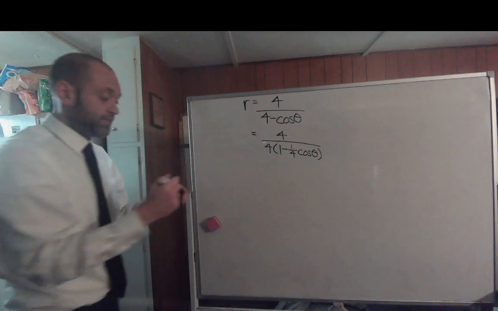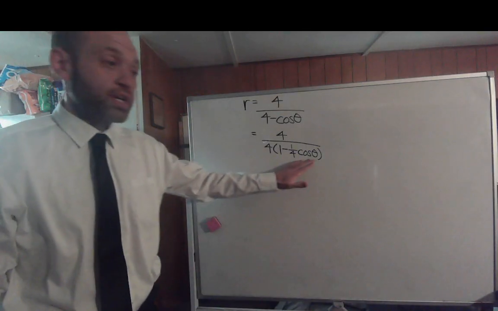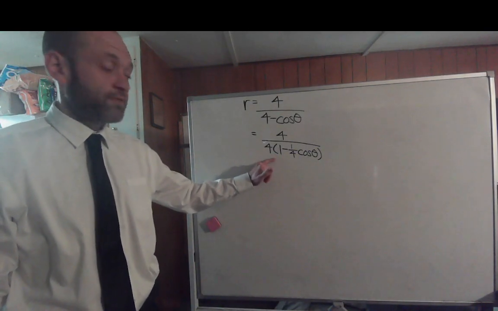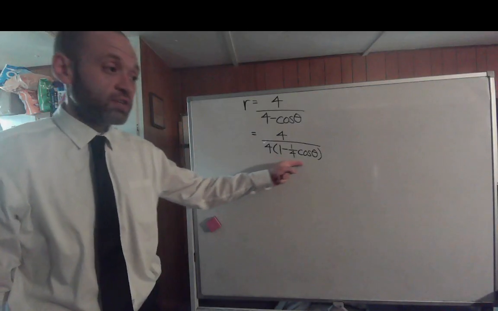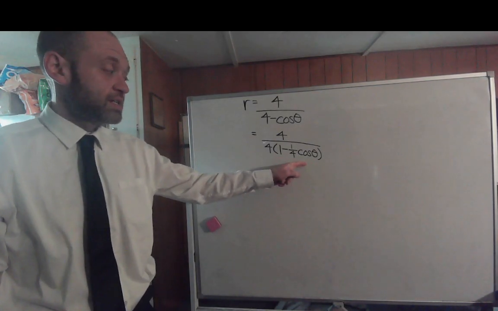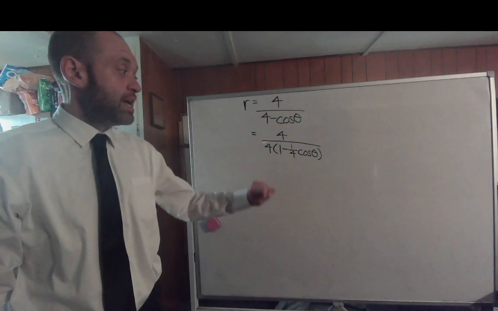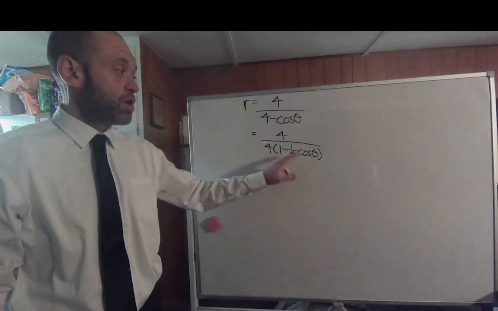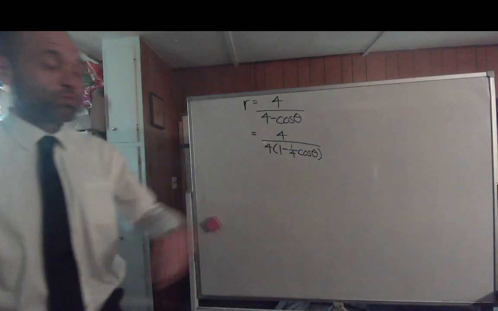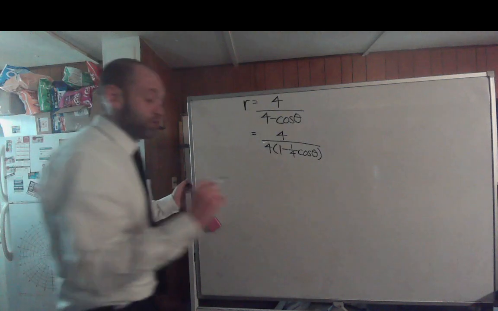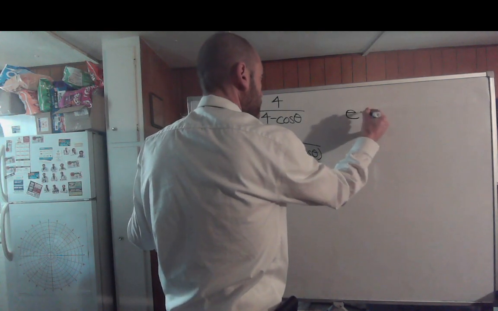Once you've completely factored the denominator, you look at the parentheses. You don't even care about the 4 outside the parentheses. Just look at what you have in your parentheses. Your constant term is now a 1, and your coefficient on the cosine term is 1/4, which means you have an eccentricity of 1/4.